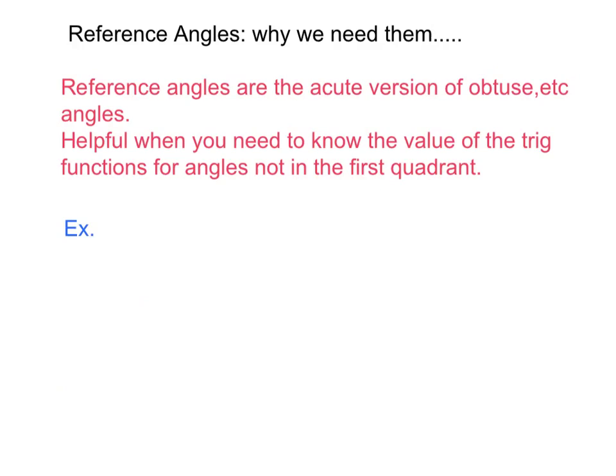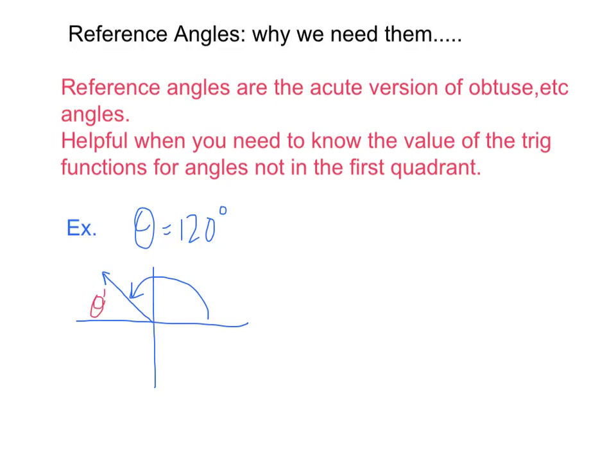whatever quadrant it's in. So for instance, if I have theta equal to 120 degrees, and I want to find the reference angle, I graph it. I know it's in the second quadrant. This is 120 degrees. And this right here is the reference angle.